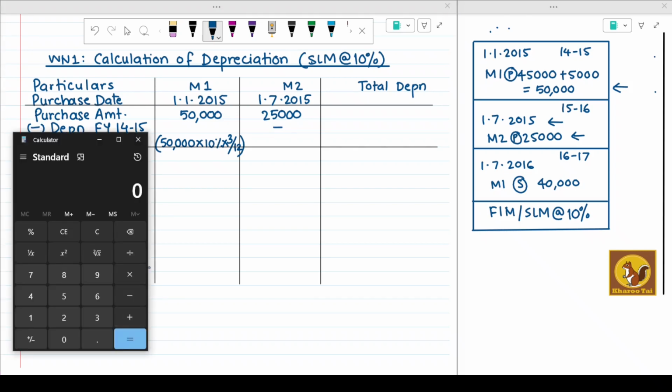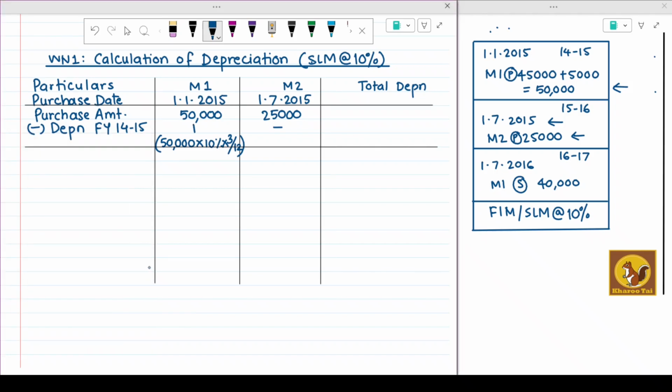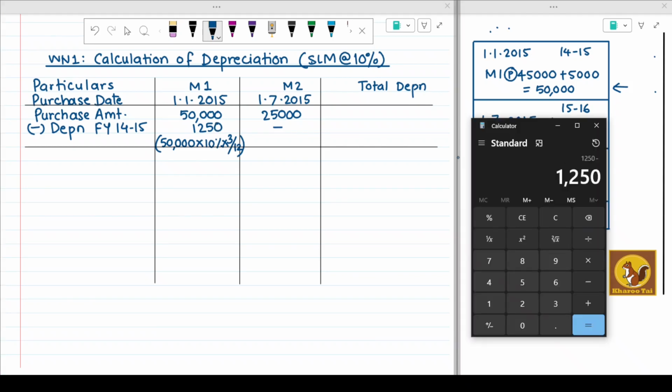Let's do the working. 50,000 into 10 divided by 100 into 3 divided by 12, that is 1250. And 1250 will be deducted from 50,000. We will get 48,750.